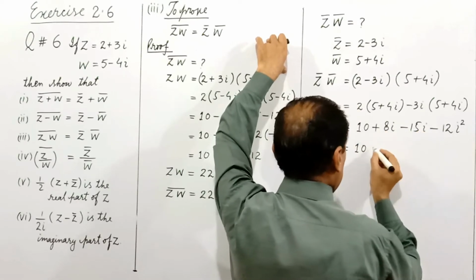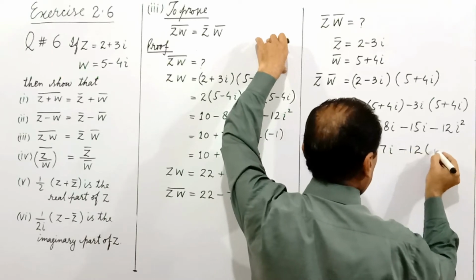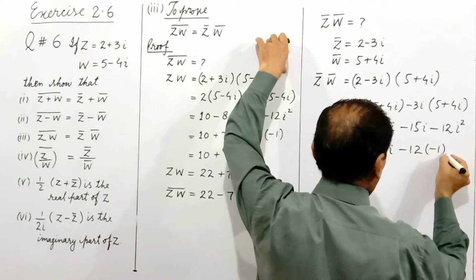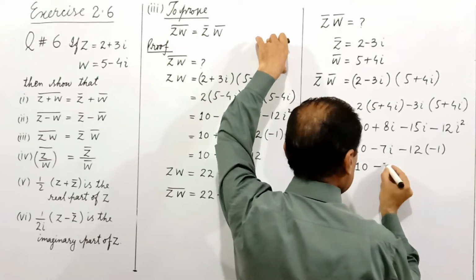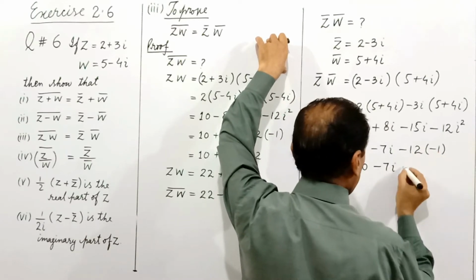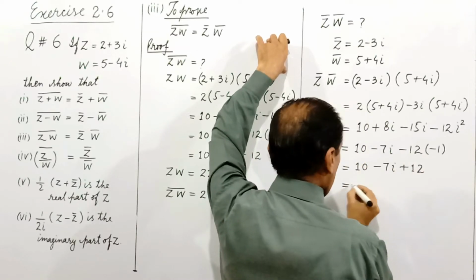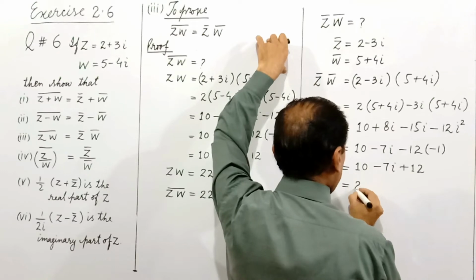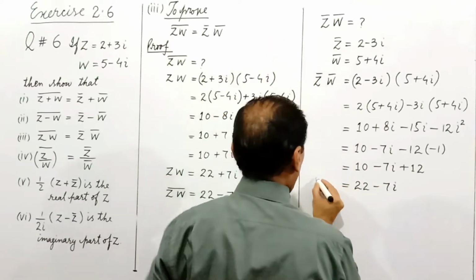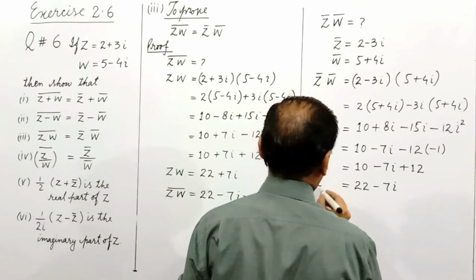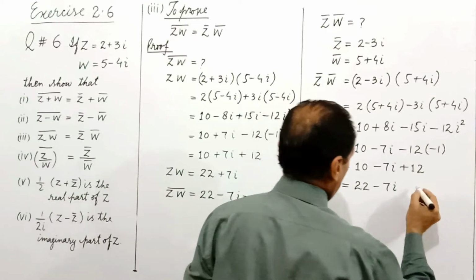Minus 15 plus 8 is equal to minus 7 iota, minus 12 iota square. We put the value minus 1. 10 minus 7 iota plus 12. 12 plus 10, 22 minus 7 iota. So we get the product of the conjugates of the complex numbers which are given.